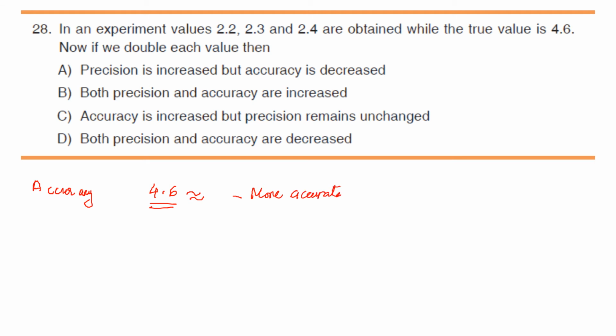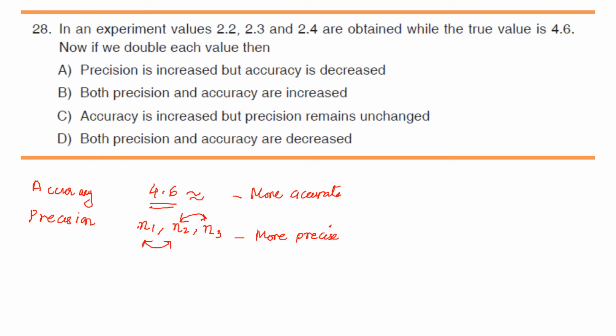On the other hand, precision is expressed in terms of degree of agreement between the different observations. So if you are having N1, N2, N3 observations, how close these are. Okay, so this is what we express in precision. So if it is closer, we can say that it is more precise.